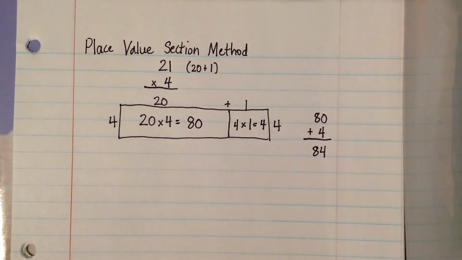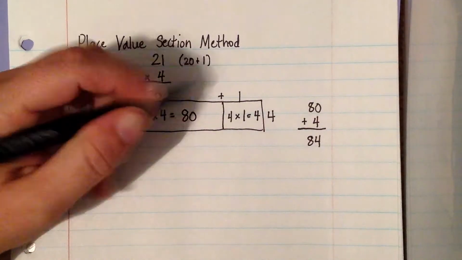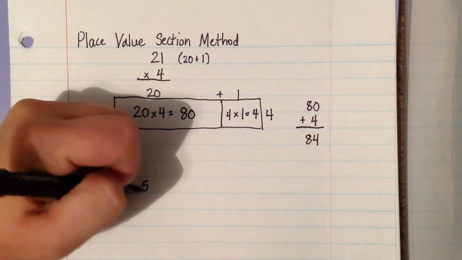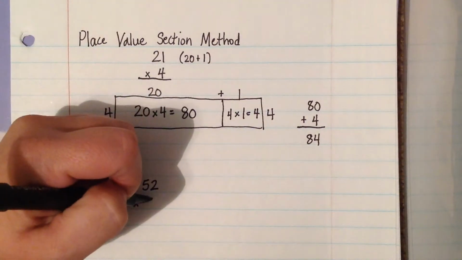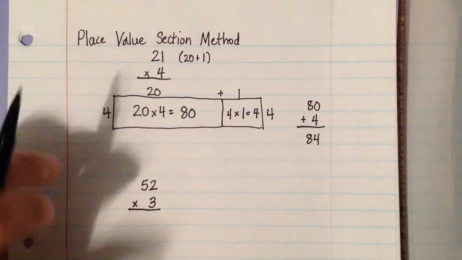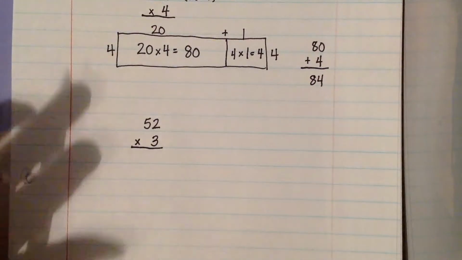Let's go ahead and practice another one. Let's do 52 times 3. Okay.